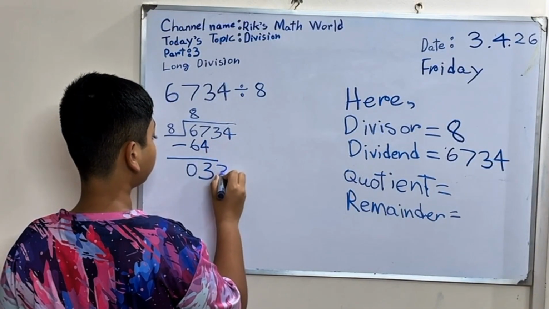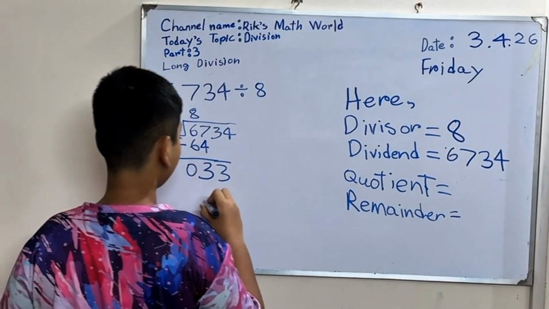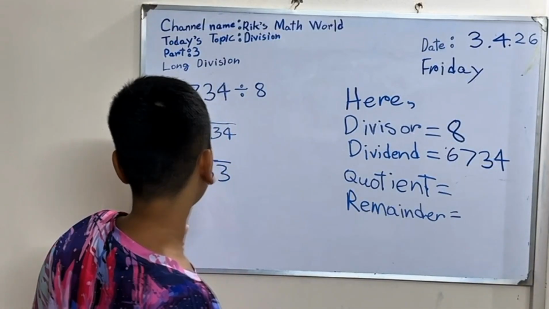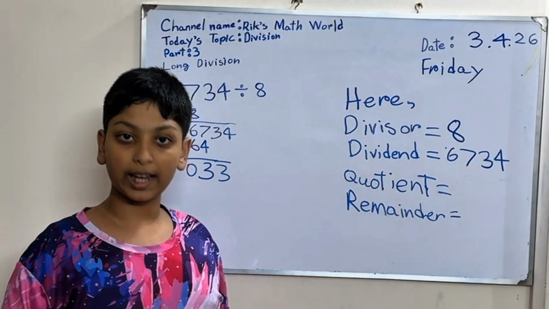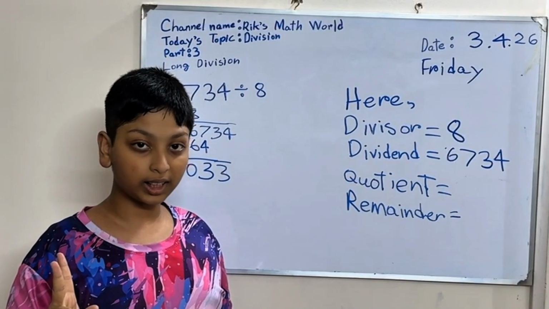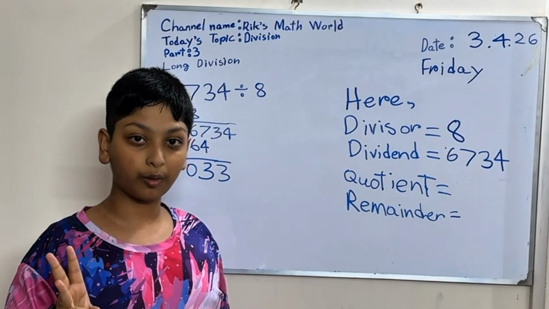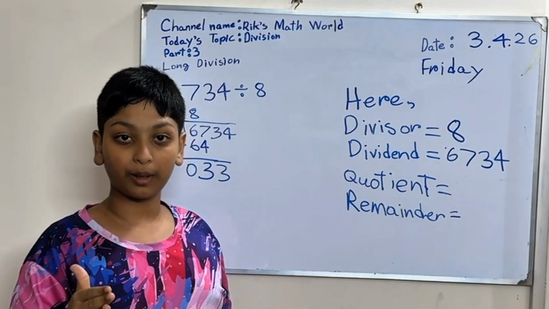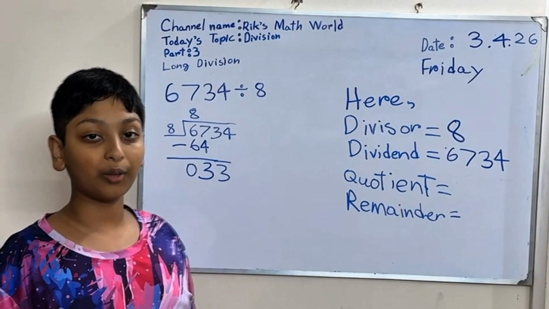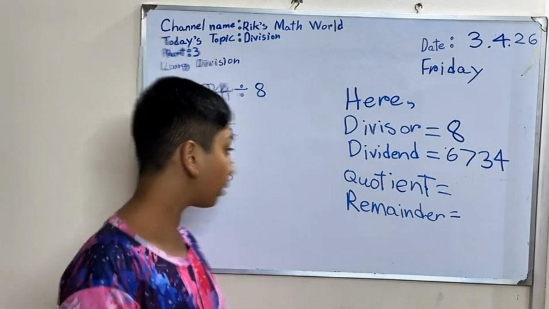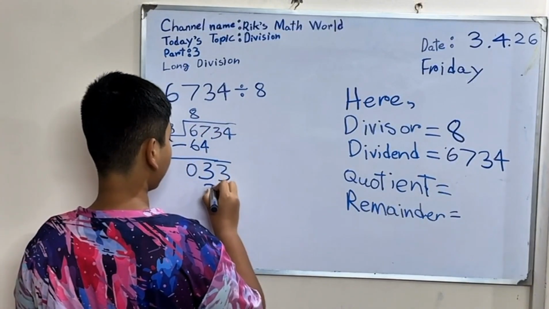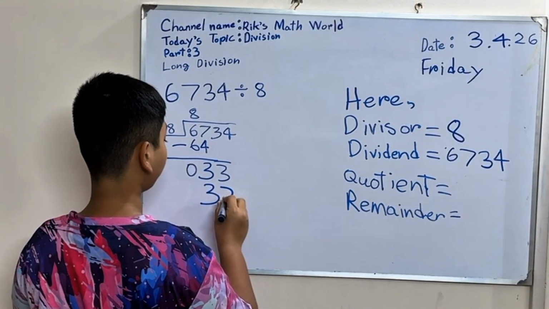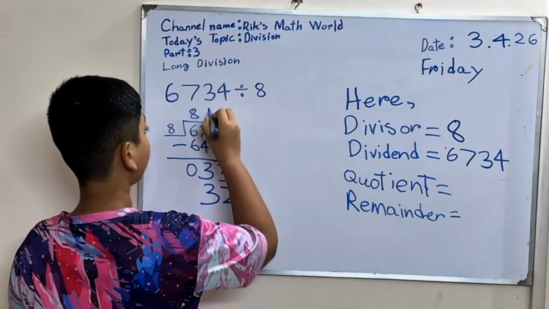We have to drag this 3 here and then we have to do 33 divided by 8. 8 ones are 8, 8 twos are 16, 8 threes are 24, 8 fours are 32, 8 fives are 40. We cannot go with 8 fives are 40 because it is too big. So we will go with 8 fours, 32 here and then 4 here.